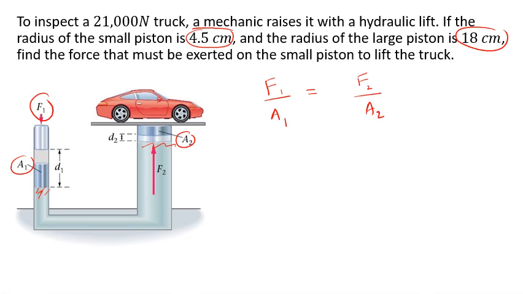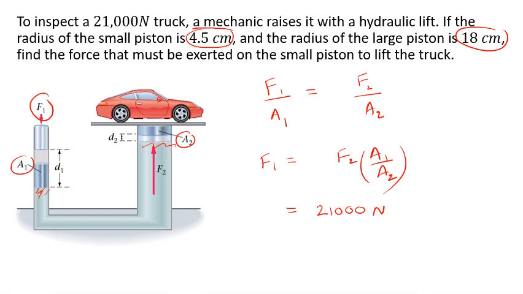In this case the only unknown quantity is F1, so F1 equals F2 times A1 divided by A2. Now you can substitute the numbers. The force F2, that is the weight of the truck, is 21,000 Newton.